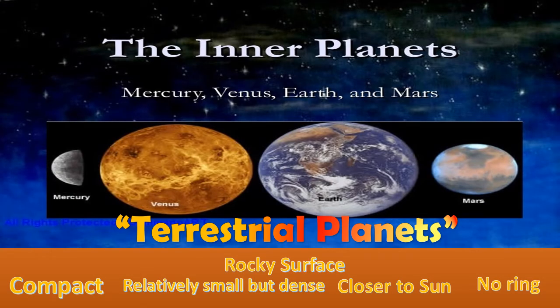The inner planets, which are Mercury, Venus, Earth, and Mars, are a group of terrestrial planets. These terrestrial planets are compact, relatively small but dense. They have a rocky surface, are closer to the Sun, and have no rings. These are the characteristics of the inner planets.